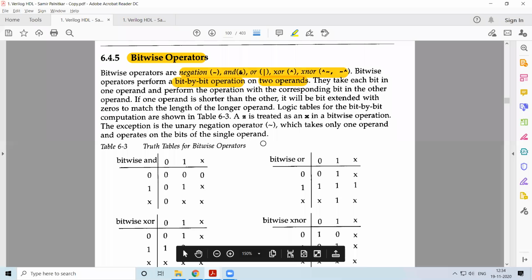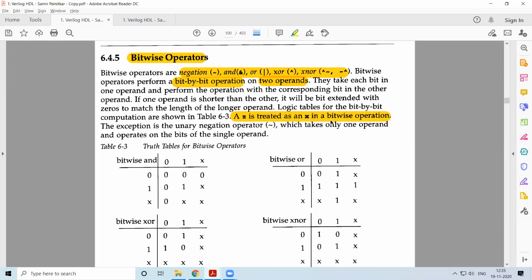Now let us see the possible values of the operands and the possible output you will be getting. The possible values of the operands are either logic 0, logic 1, an ambiguous value x, or a high impedance value Z. In bitwise operators, Z is treated the same as x, so it is treated as an ambiguous value.